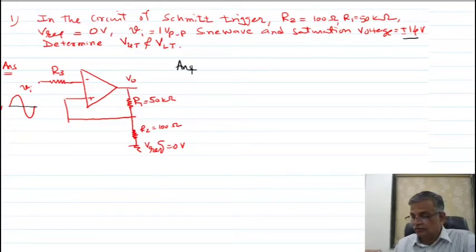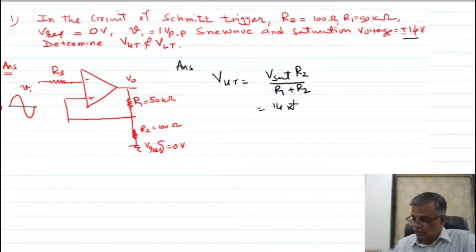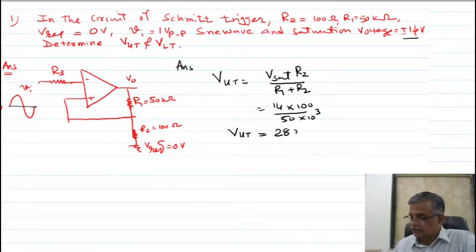You know, VUT is nothing but V sat into R2 upon R1 plus R2. So it is 14 into 100 upon 50 kilo. If you calculate this, it is 28 millivolt.